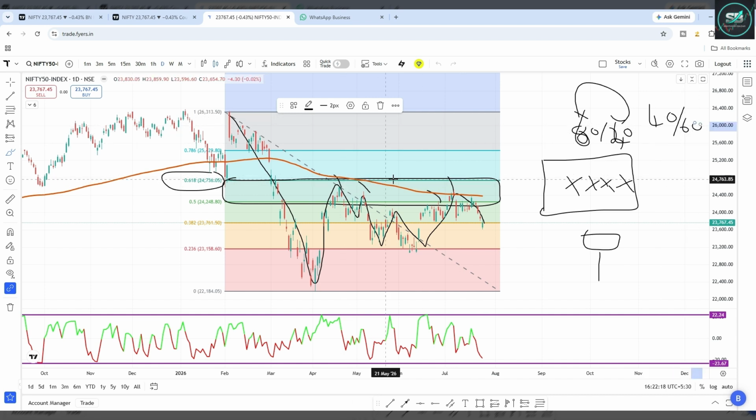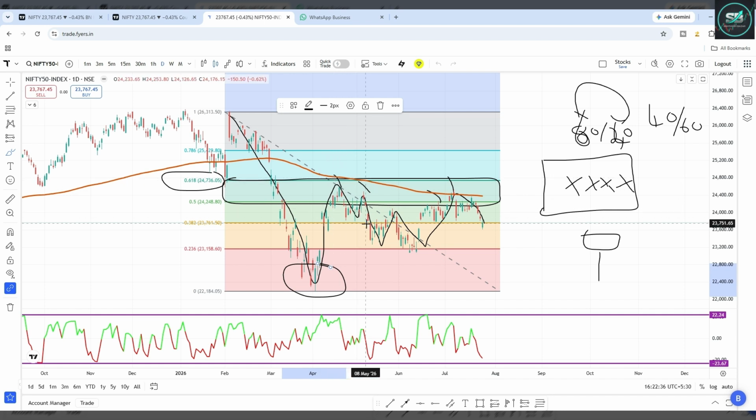So now this resistance zone is also 60% weak, because price already went and tapped this zone almost four times, got a rejection four times, and all four times it never broke this low.